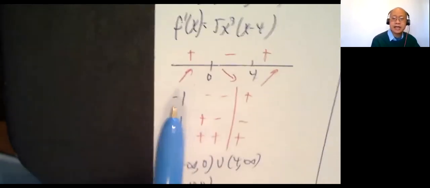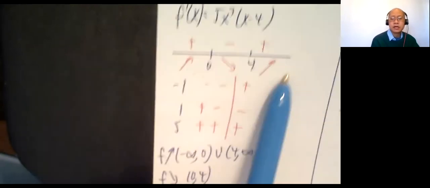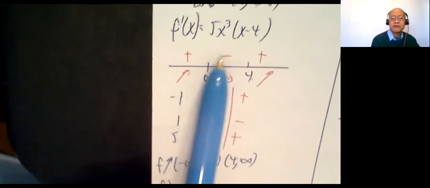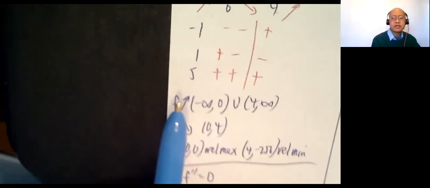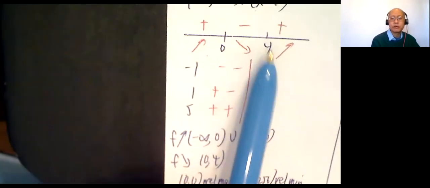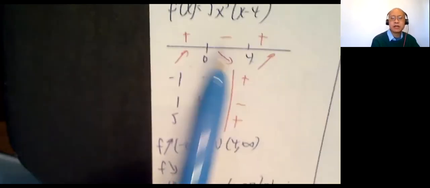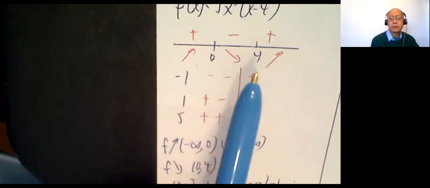So again, just like last time, positive first derivative, increasing. Negative first derivative, decreasing. So f is increasing from negative infinity to 0, union 4 to infinity. f is decreasing only between 0 and 4.